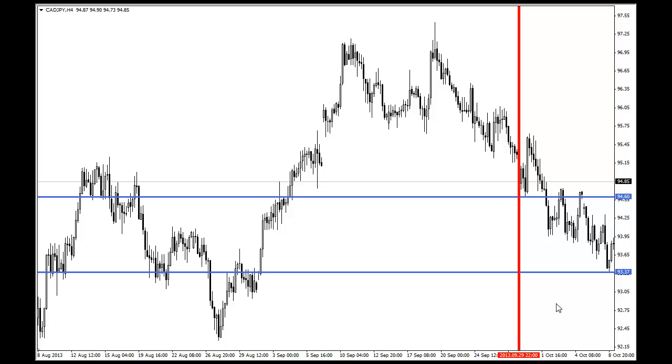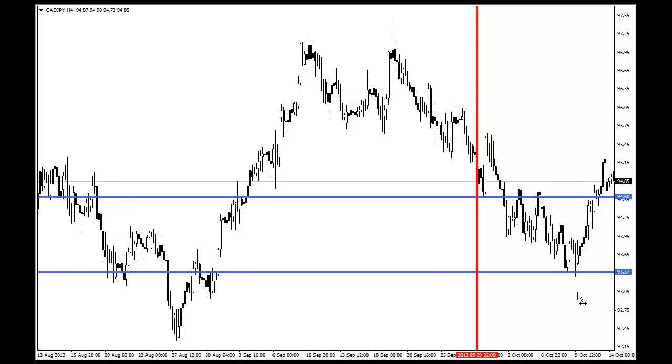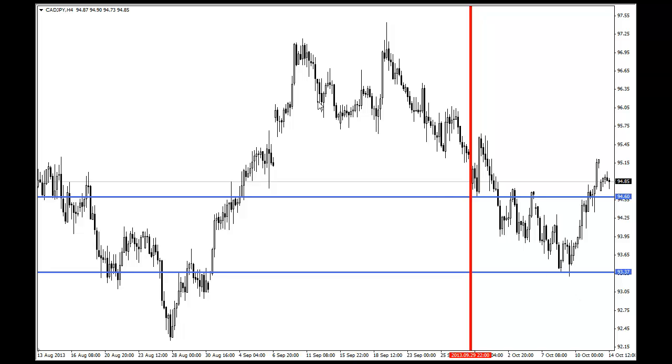Price comes down, stabs through it, pinging any orders that would have been around that 93.35 to 93.40 level, and price proceeds to move up into present market. If you look at where we moved from this level up to the high, and again, this is the best case scenario, that's 180-plus pips, just trading that bounce right here.